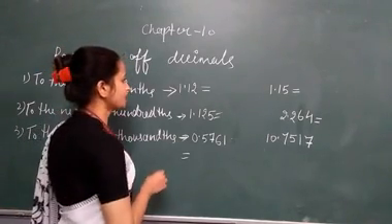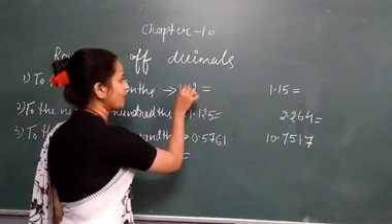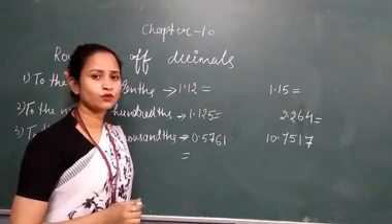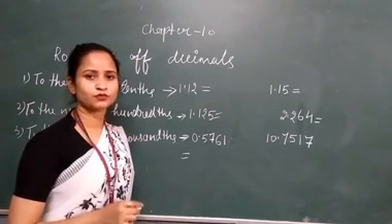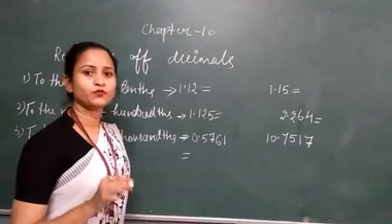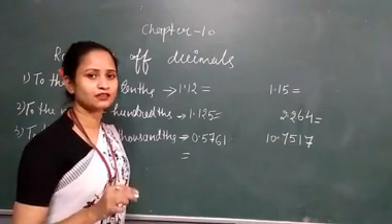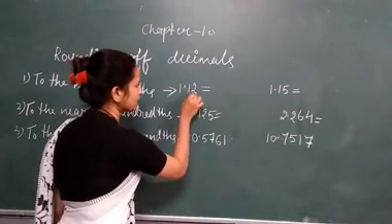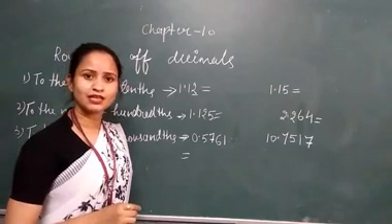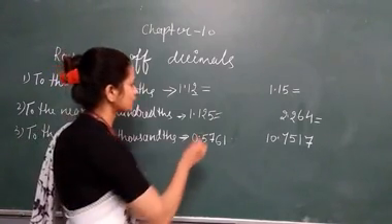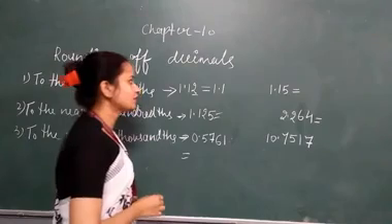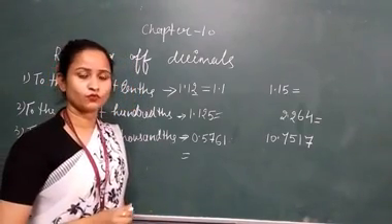Let us see. For example, 1.12, and we have to write rounding off decimal numbers to the nearest tens. I have told you for nearest tens, we see the digit in the hundreds place. We can see the digit in the hundreds place is 2, which is less than 5. So, answer will be 1.1. We will not add. Why?